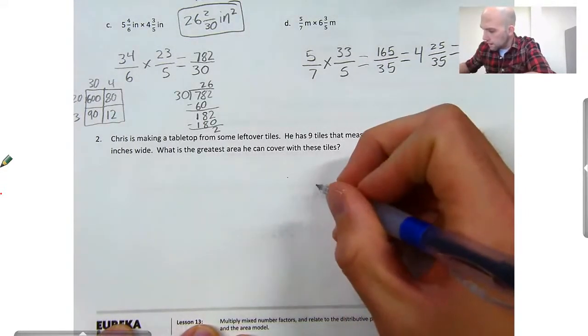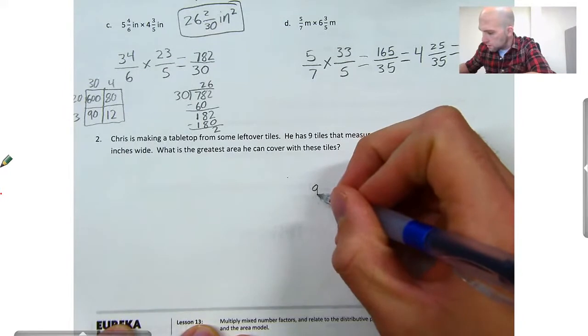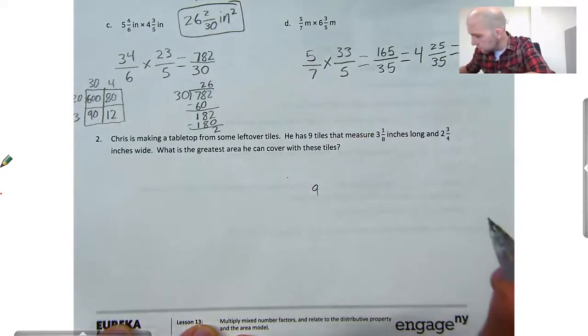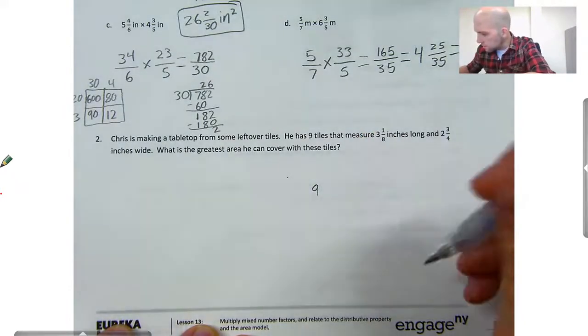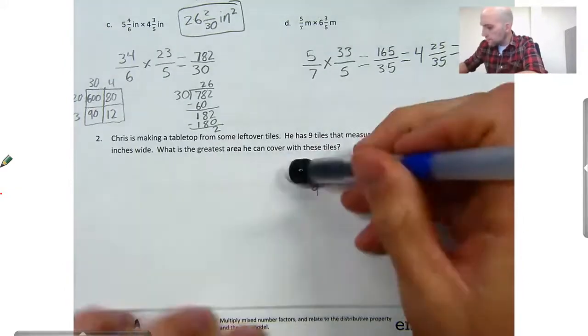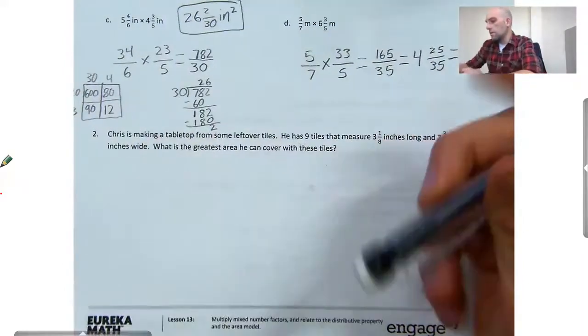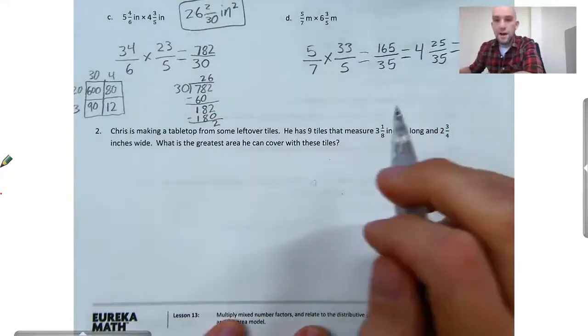So we'll have to do 9. Let's find the area of 1 first. So we find the area of 1, then we can multiply that area by 9.